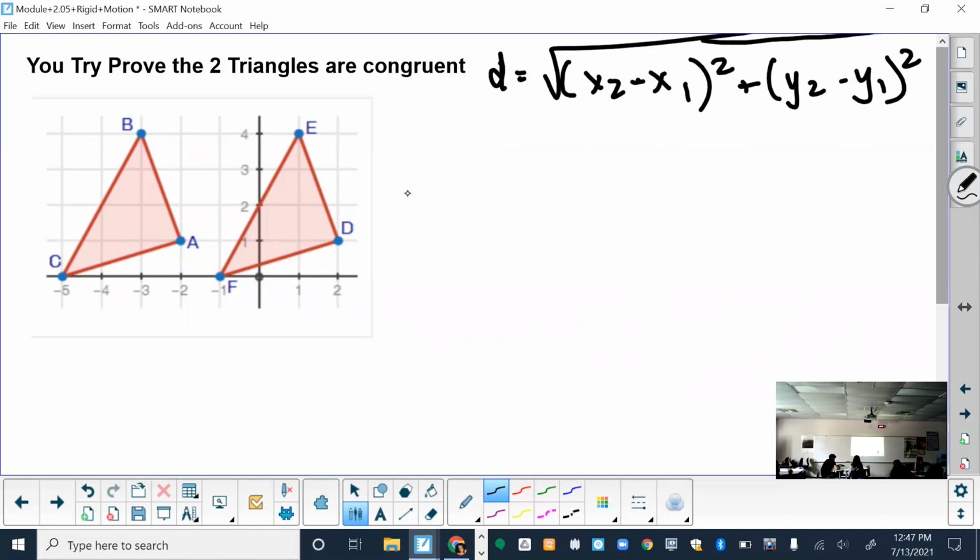All right, so prove that these are congruent by using the side, side, side theorem. Label the distances for all of the sides to prove that they are congruent. I'll give you about 4 minutes for that.